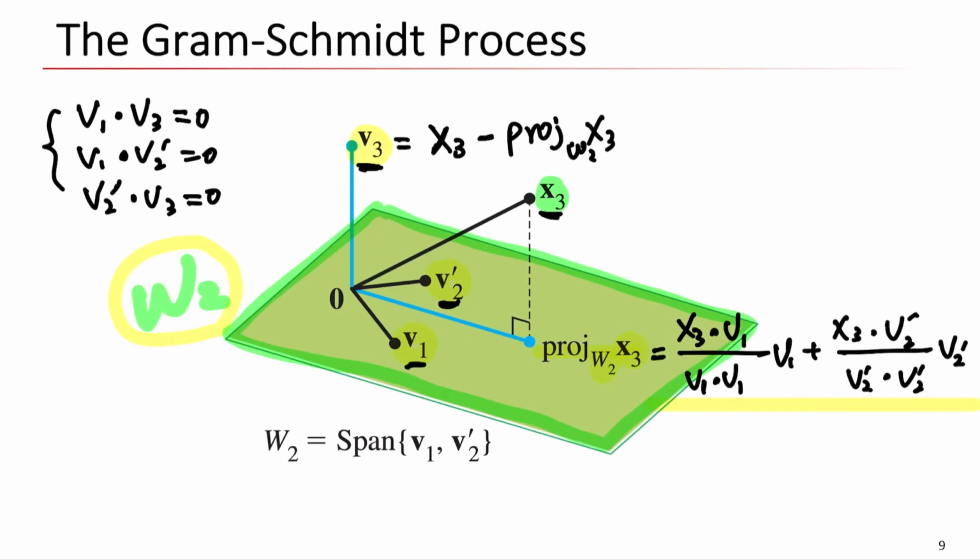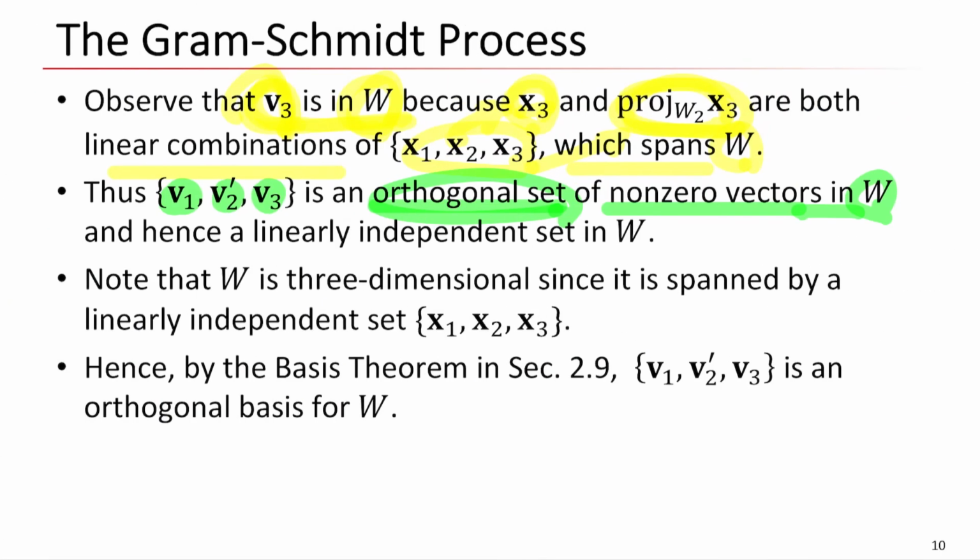It is an orthogonal set because they are orthogonal to each other, and V3 is in W space, right? Hence, this set is a linearly independent set in W space.